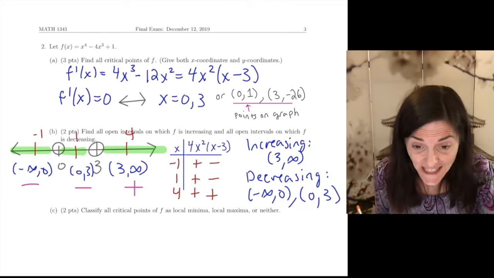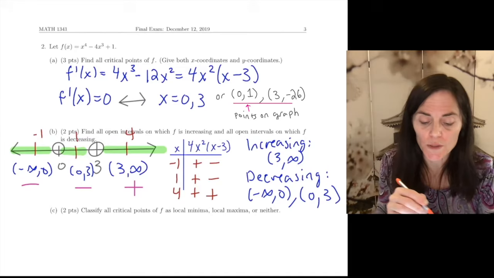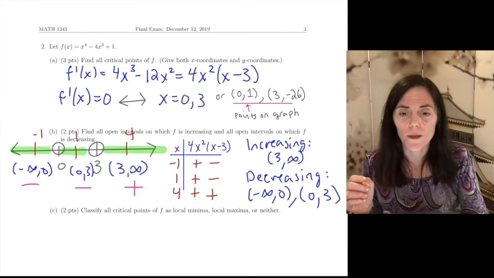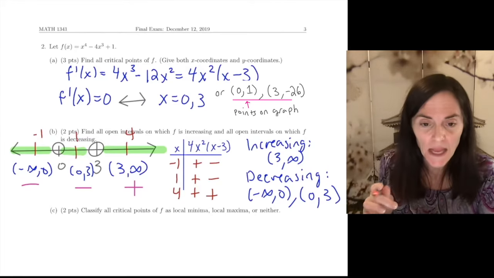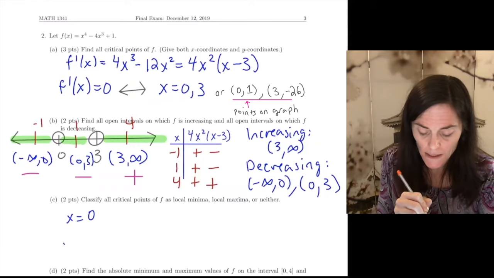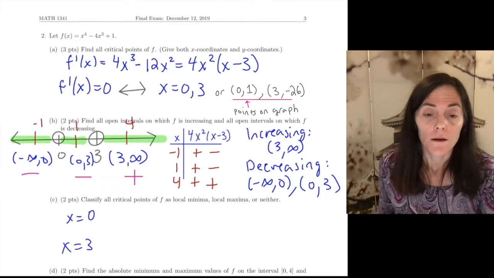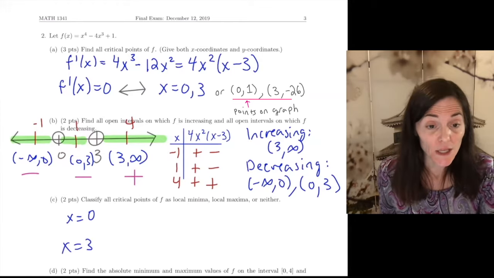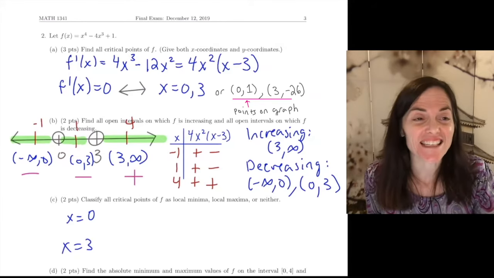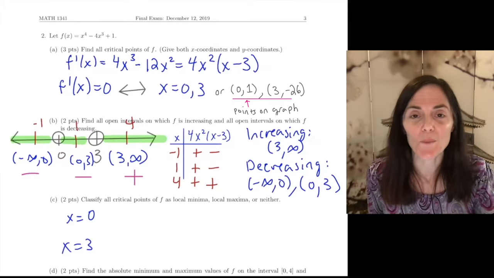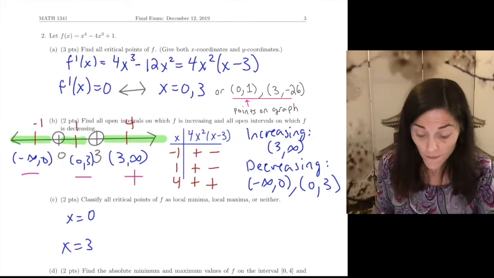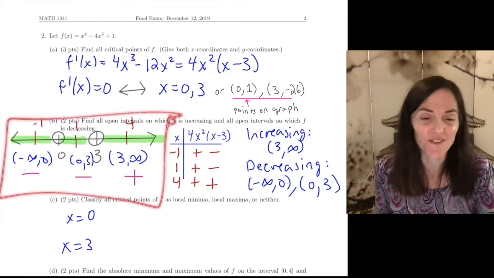Now, we want to classify critical points as corresponding to local max, local min, and or neither. So x equals 0 and x equals 3. Well, you could use the second derivative test, for example, but I'm going to use what we've done. We've done all the work. All of the work is here for the first derivative test, really.